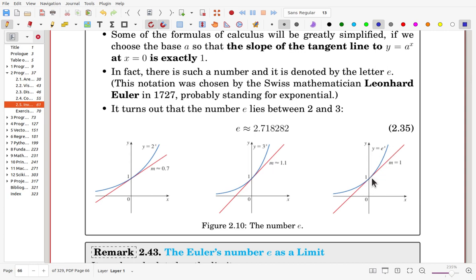It turns out to be 2.718282, and it's an irrational number, and we can compute this quite easily. Anyway, that is e.